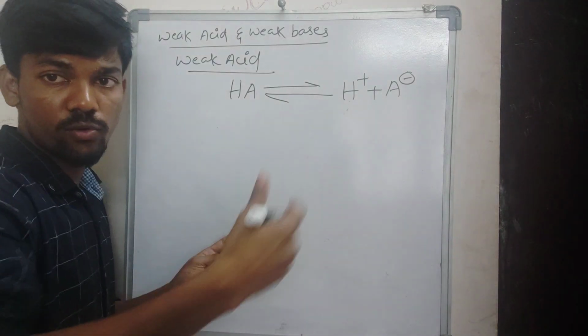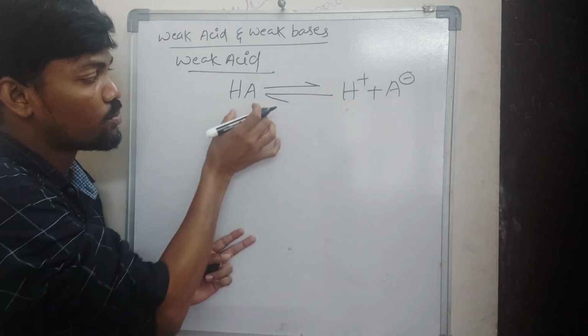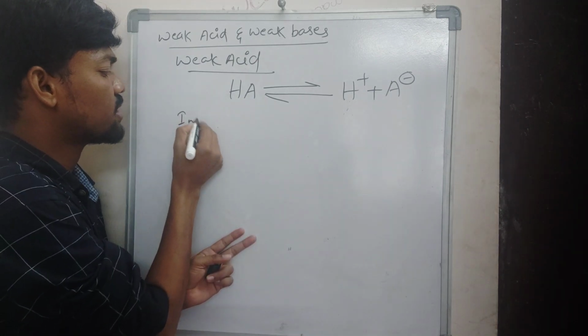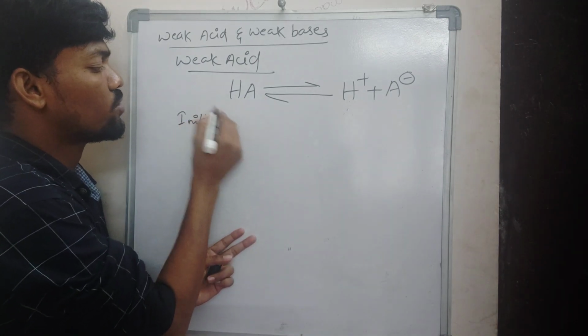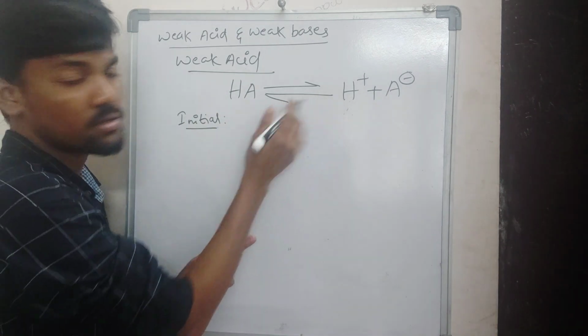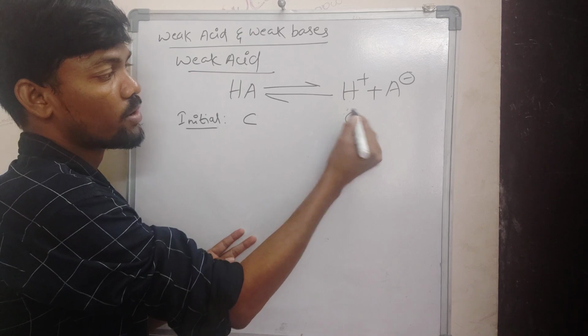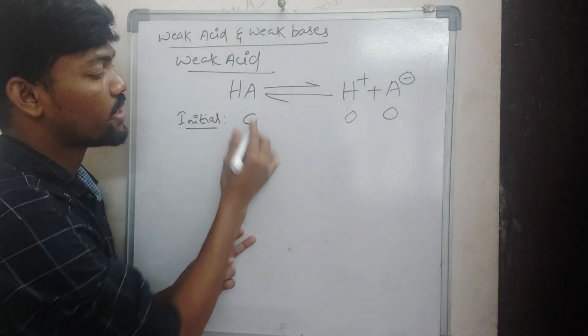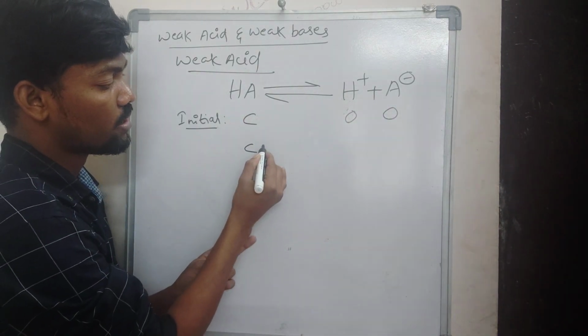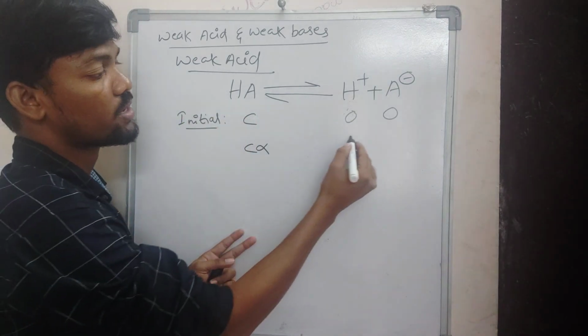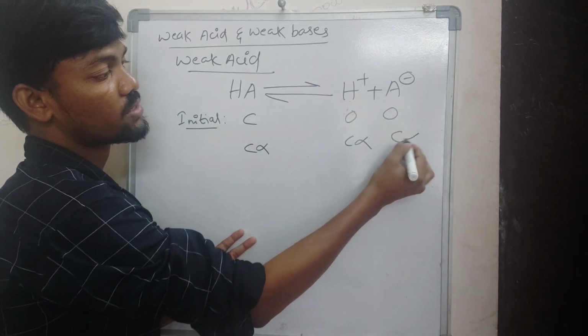You know that. How can you find out the concentration? Suppose initially you have to write for the weak acid. Initially it is C, and for the products it is 0. Finally, what happens? It will use C alpha. Here also 1 mole, C alpha, here C alpha.